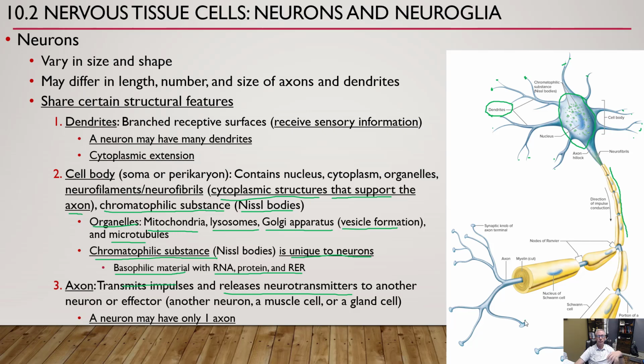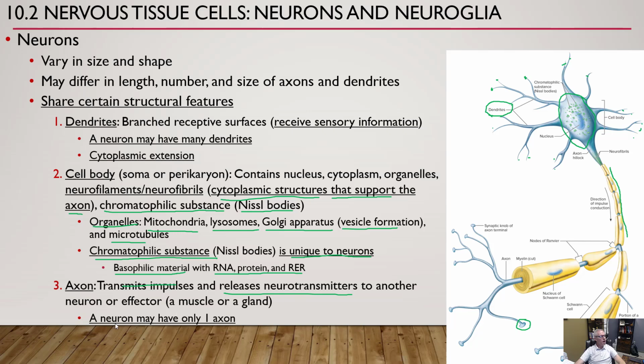And remember, the effector could be a muscle or a gland. There we go. And we saw this last chapter. We actually looked at this area right here, that axon terminal and the synaptic cleft, and it dumped out acetylcholine to stimulate that skeletal muscle.